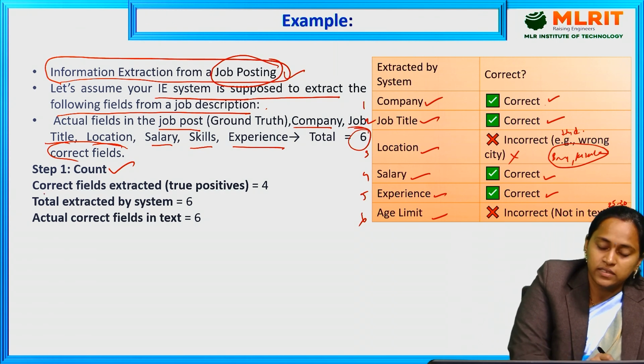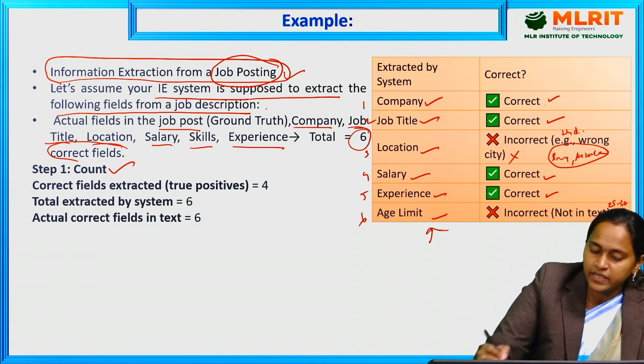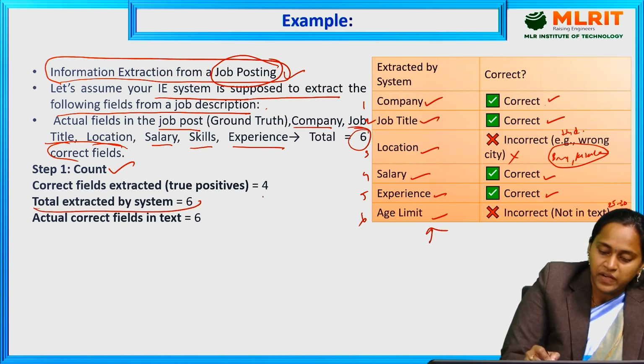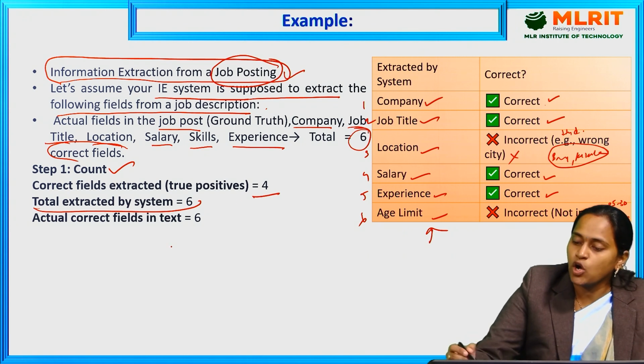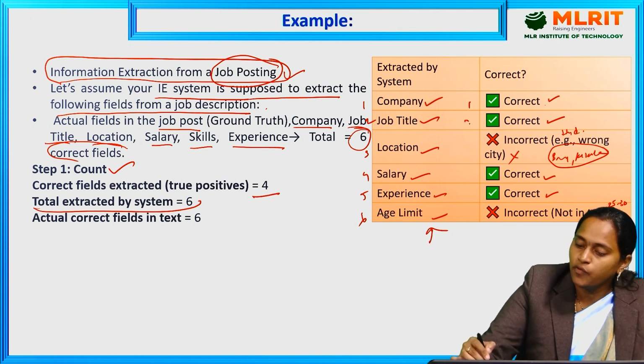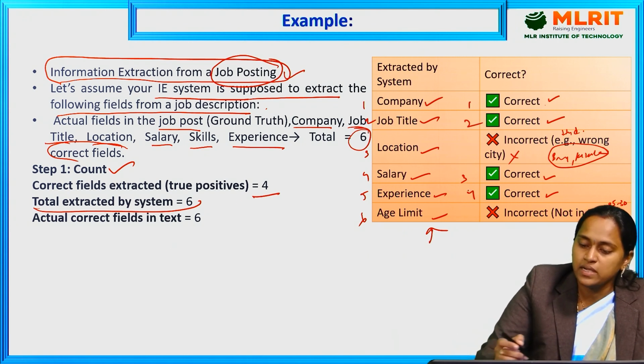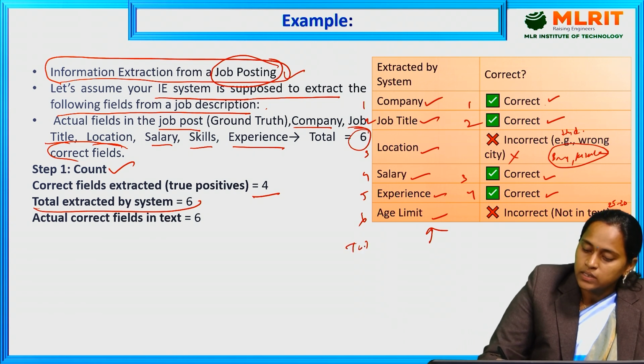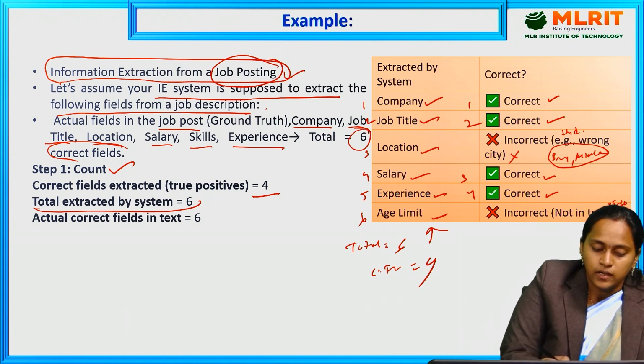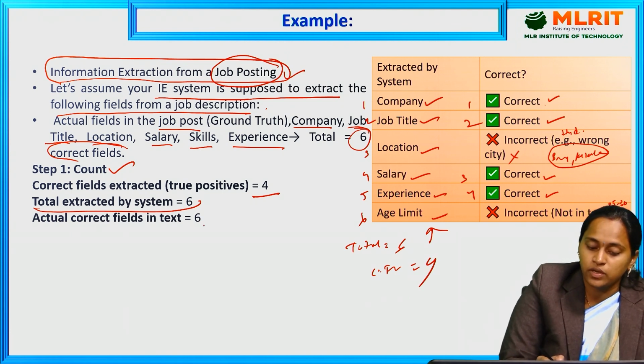Based on this table, how many correct fields are there? 1, 2, 3, 4. And the total number of fields is 6. So the correct fields are 4, and the actual total is 6.